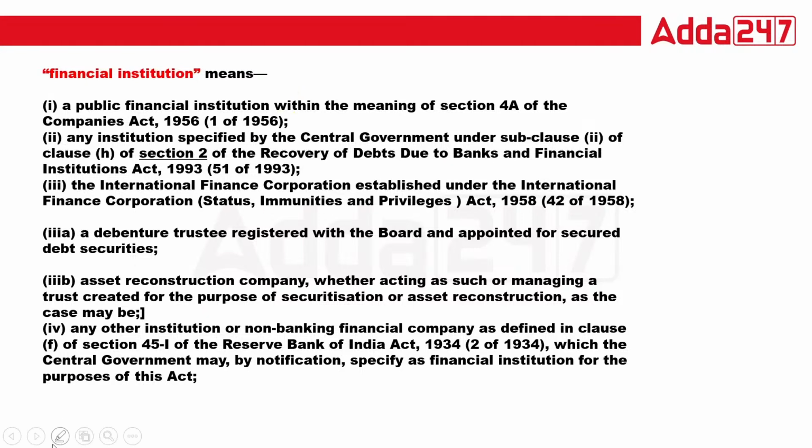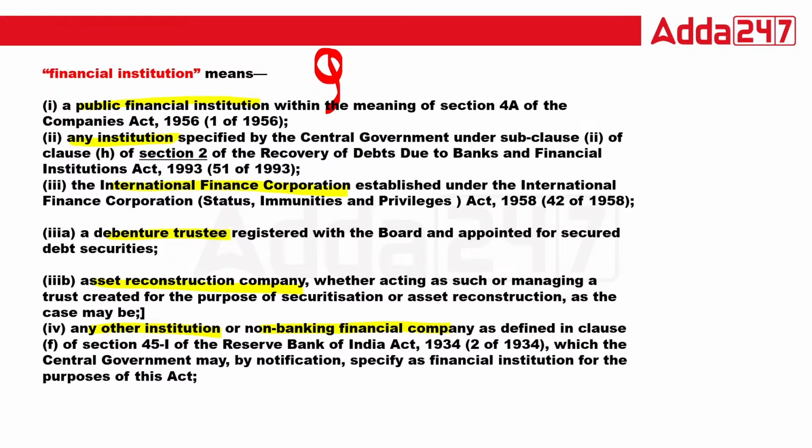Because from FI we just take this one. So a financial institution is a public financial institution, or any institution specified by the central government, International Finance Corporation, debenture trustee registered with the board, ARC company, or any other institution or NBFC. That is a financial institution.